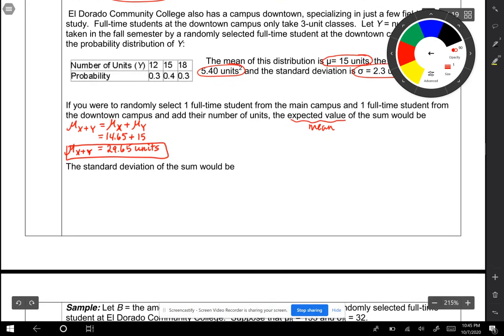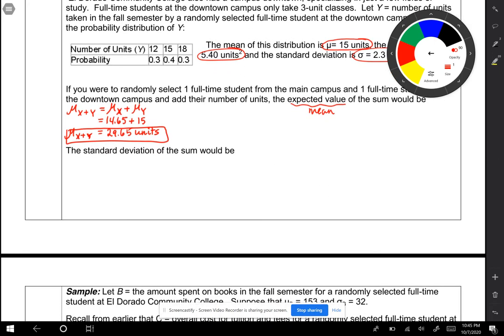Okay, and so the standard deviation of the sum, you could do it 2 different ways. So I'll show you both ways. Because the variance is given and the standard deviation is given, you can do either one. You can do the variance of x plus y.